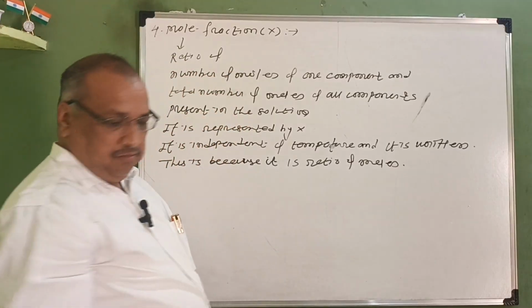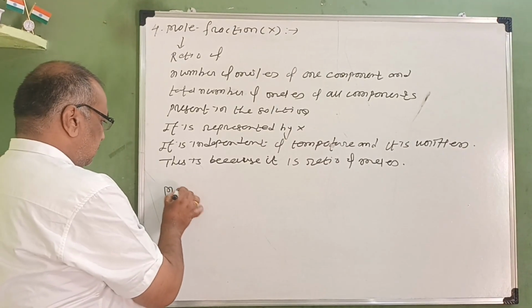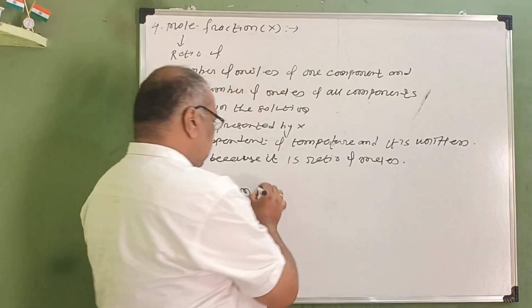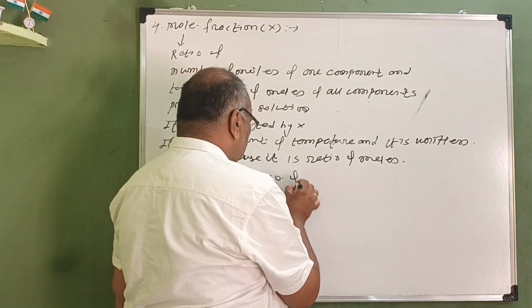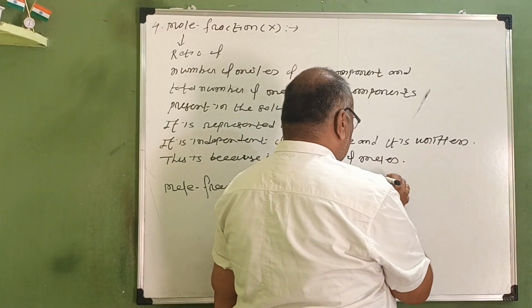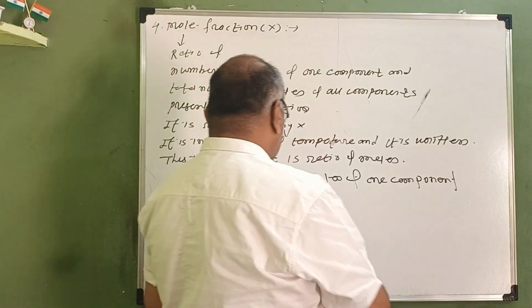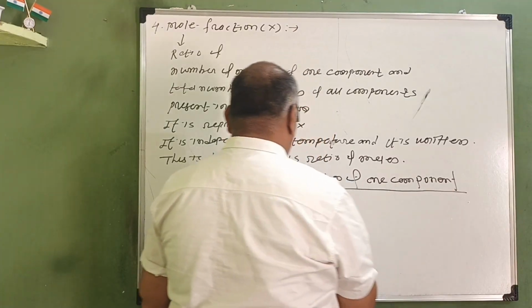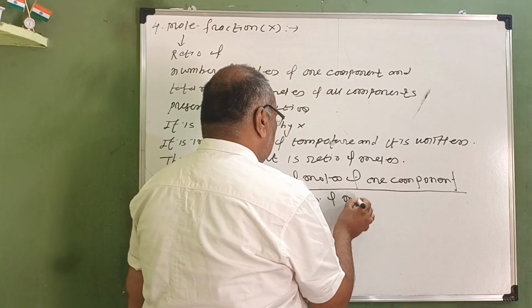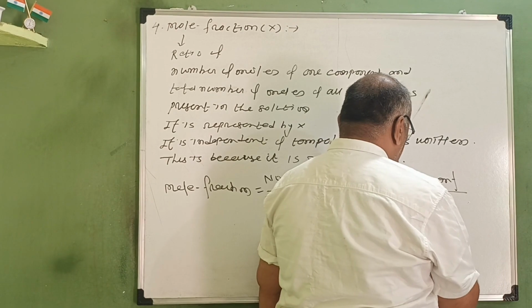Now here write down: mole fraction equal to the number of moles of one component divided by the total number of moles of all components.